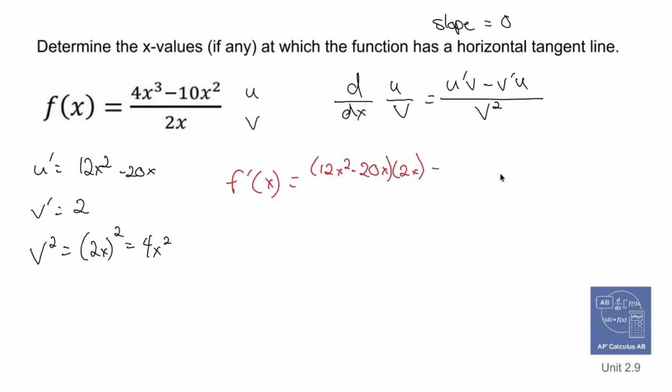V prime was just regular old 2, times u, which was 4x to the third minus 10x squared. And that's going to be all over 4x squared.